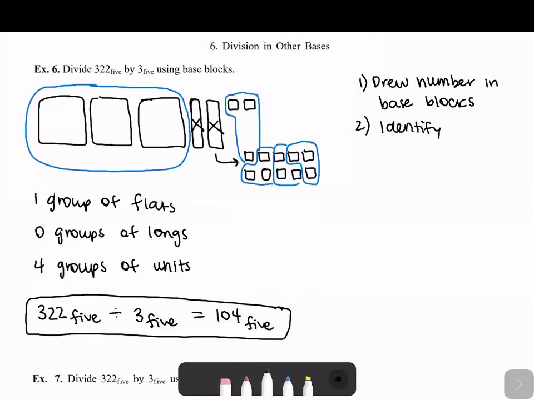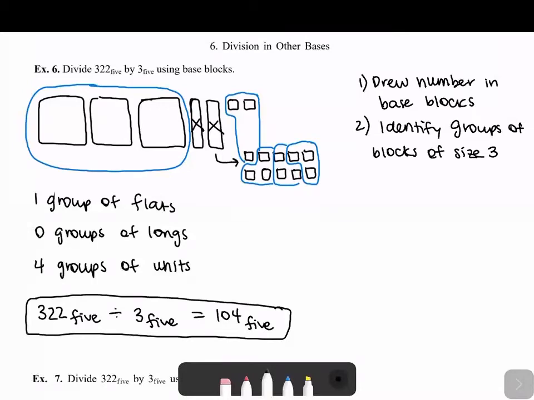So we identify groups of blocks of size 3. So I said it this way because we're not going to group a flat, a long, and a unit to get a size 3 group. We're going to identify groups of 3 flats, 3 longs, 3 units.